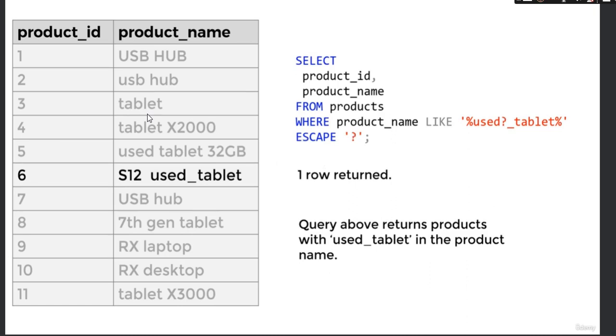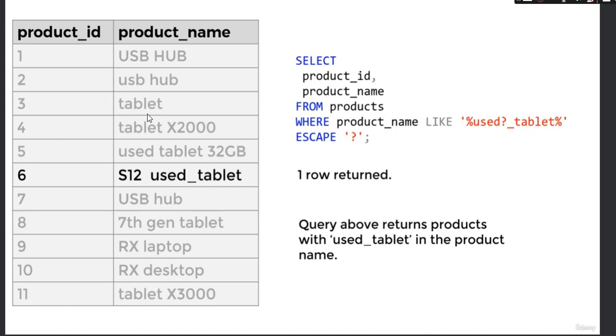It gives the same result; we have just changed what character we are using as the escape character. The important thing is to make sure that the escape character does not appear in the column being searched. In this table, I know that there are no products with a product name containing a question mark.